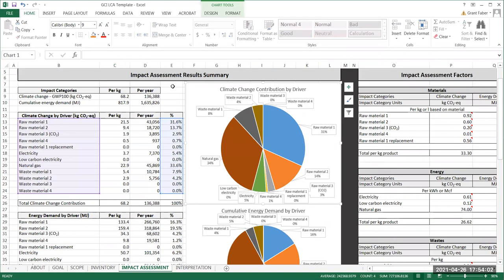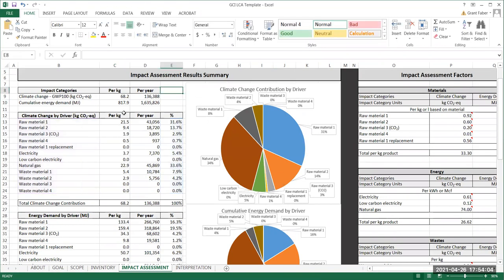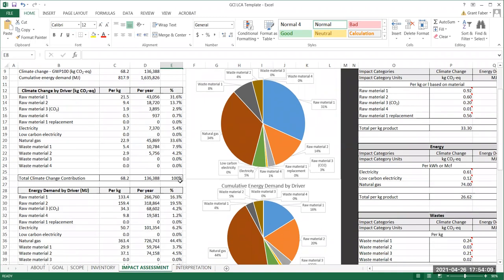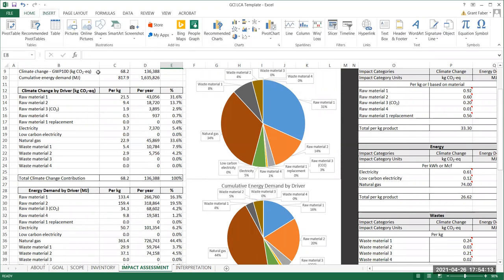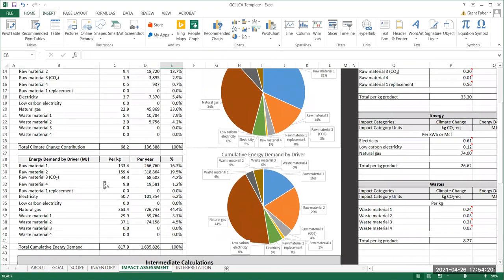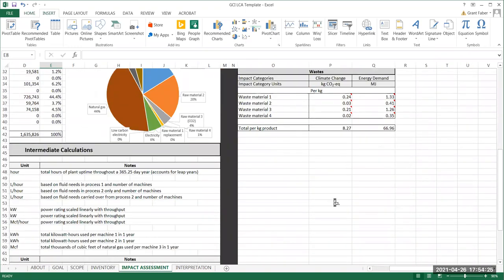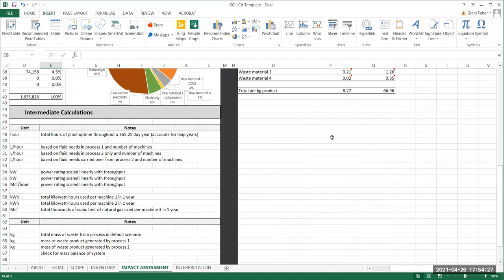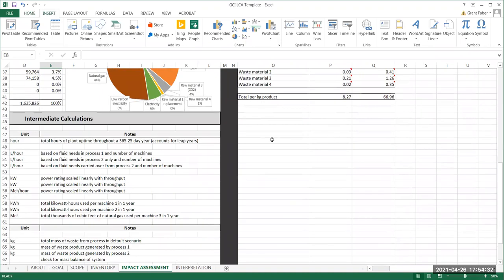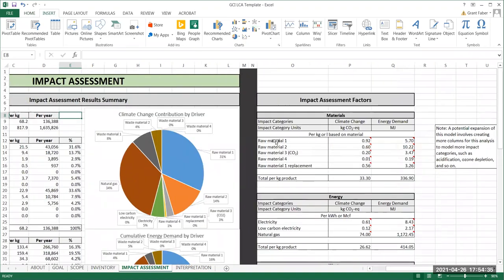So you can produce these graphics, things like pie charts and other things, based on the impact assessment summary. You may desire to create other kinds of graphics or data visualizations, and that can be done with Excel, Insert, and Charts. There are a lot of different options here. Obviously, there's not so much space in the template, so you may want to add the visualizations below the impact assessment factors section, where there's a little more space to work.